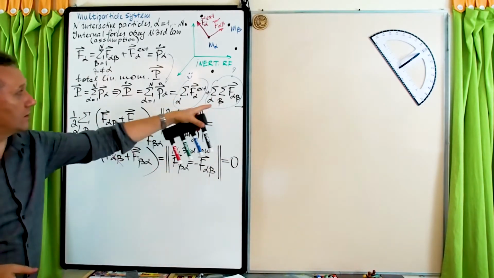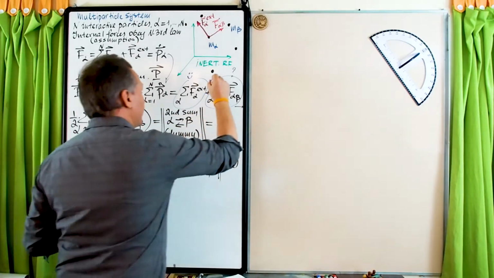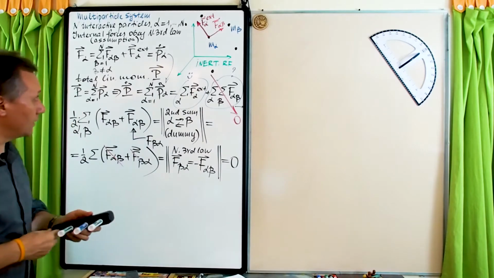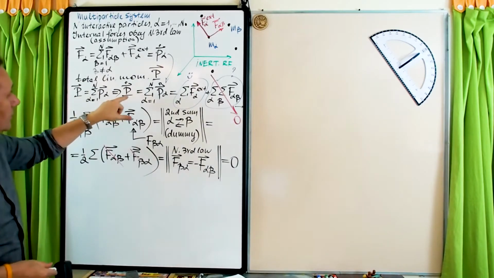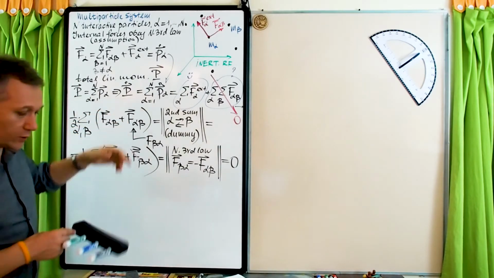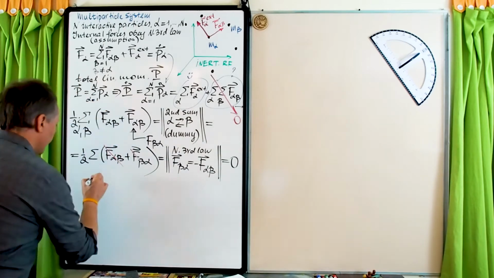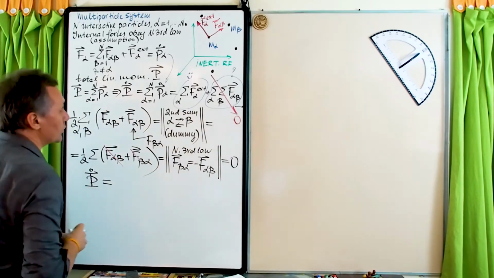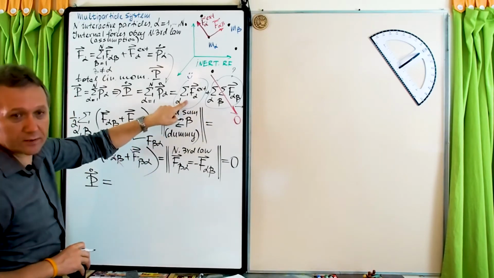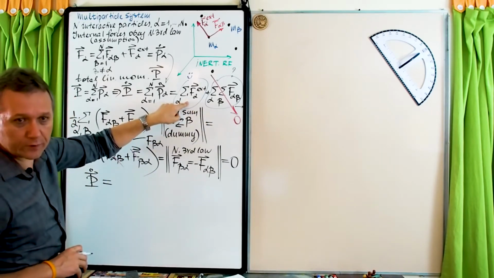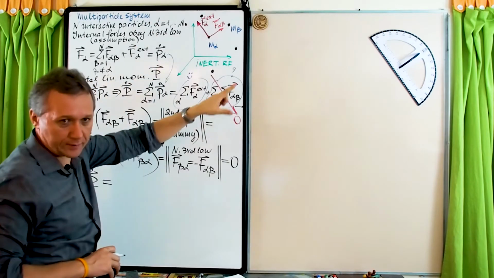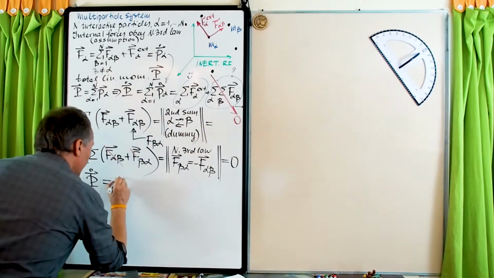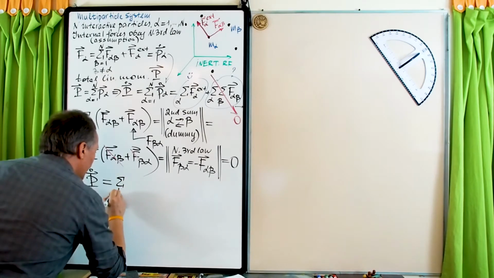So this double sum is 0. As a result, we can write that the rate of change of the total linear momentum equals, this is 0, and this is just the net external force acting on the whole system, because we summed up over all these external forces.